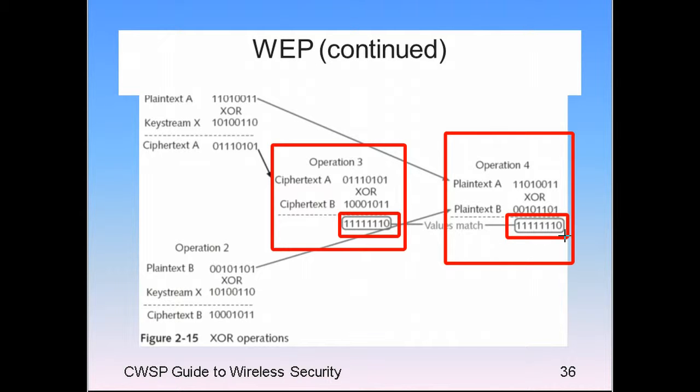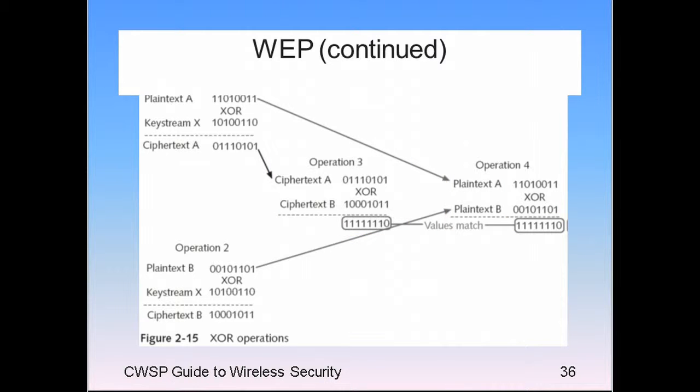So by using the key stream, once you get the collision, you can crack the system by doing this. Since the initialization vector changes regularly, you typically have a different encryption key for each packet.